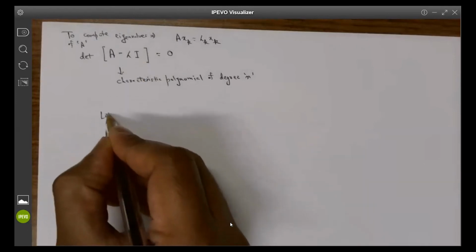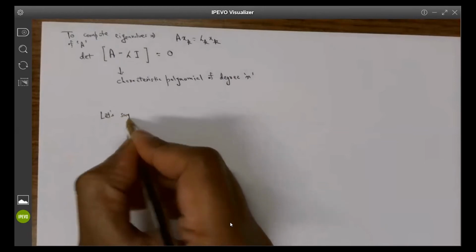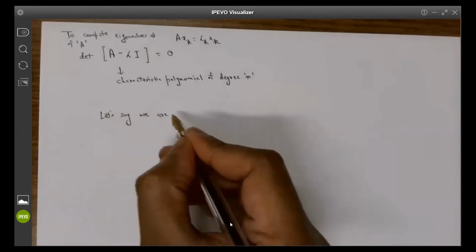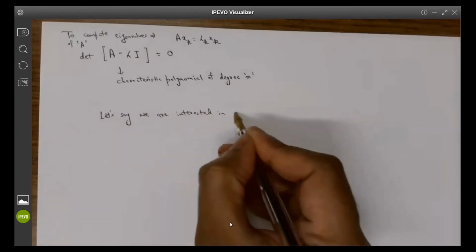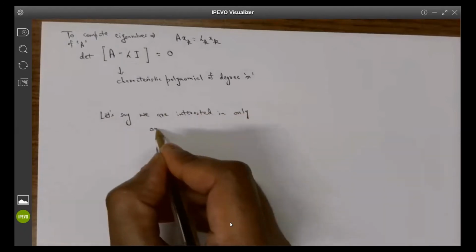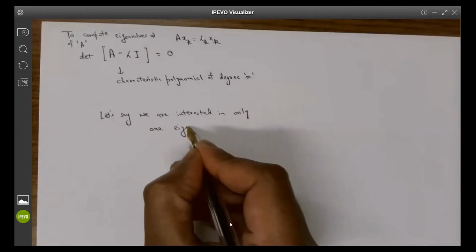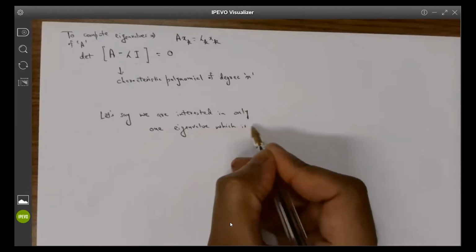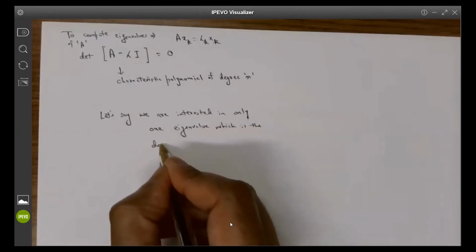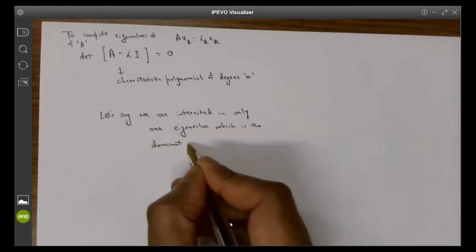Yeah. So what we are doing now, instead of solving this matrix, is that we are interested in only one eigenvalue, which is the dominant eigenvalue.